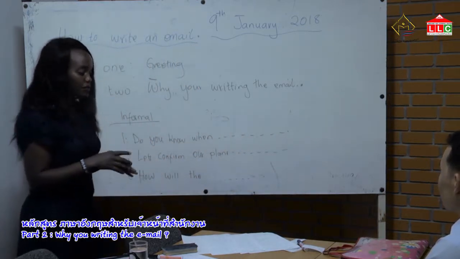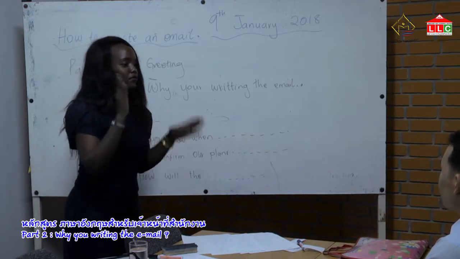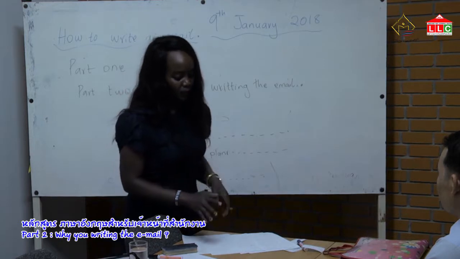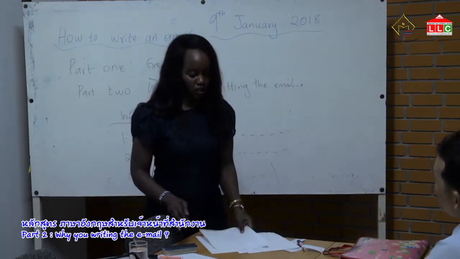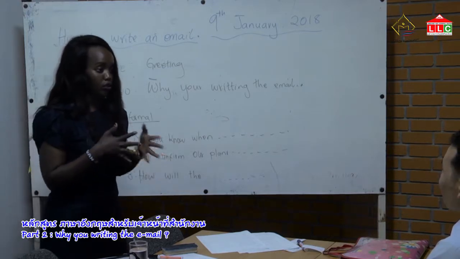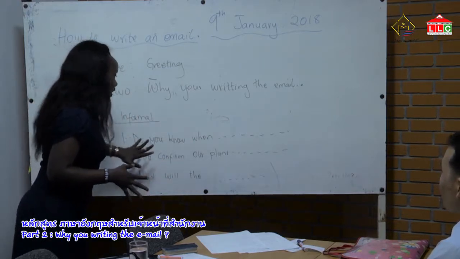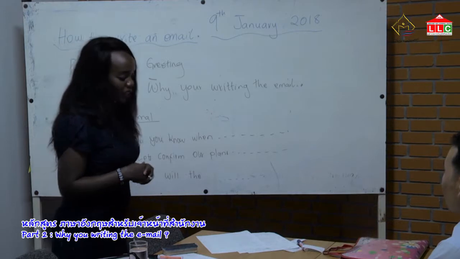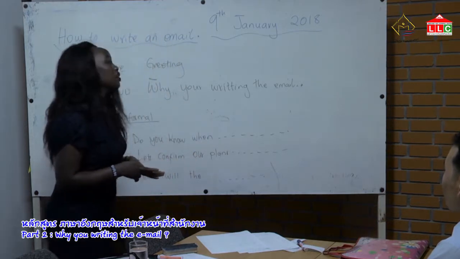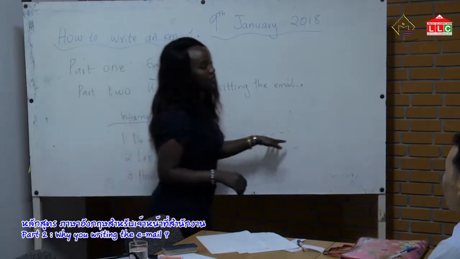But afterwards, you have to explain yourself. Now, that is another part which you're going to go to right now. So, when you want to give a solution to a problem like this, do you know when we're going to go to Chiang Mai? Now, you can add another sentence there.